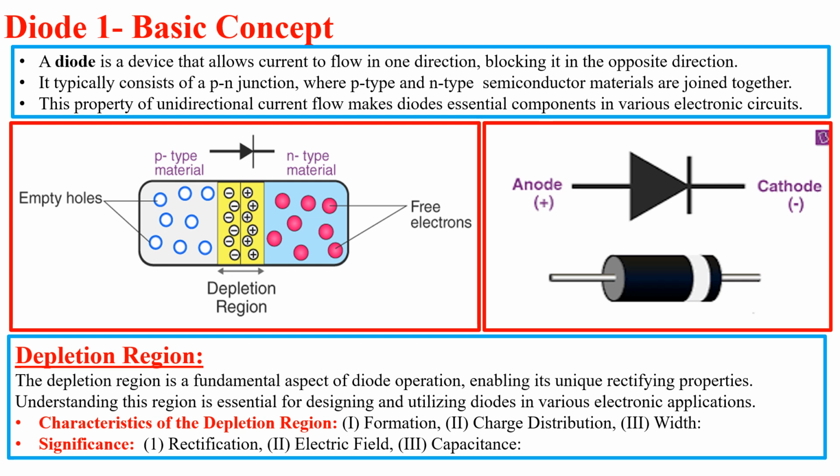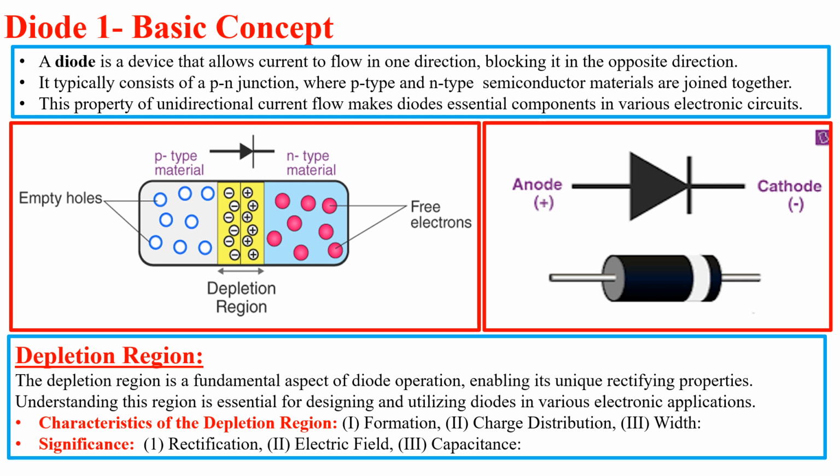The symbol of a diode is a crucial element in electrical schematics and circuit diagrams, as it visually represents how the diode functions within a circuit. The basic symbol structure is relatively simple compared to other devices. The standard diode symbol consists of two main components. One is a triangle.